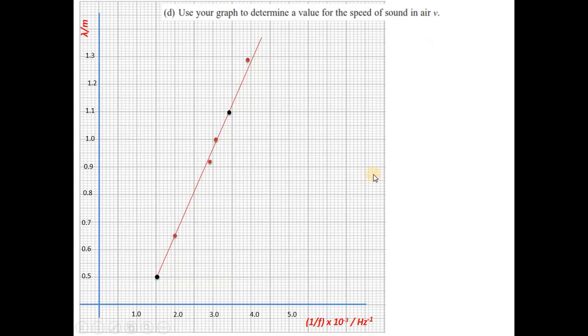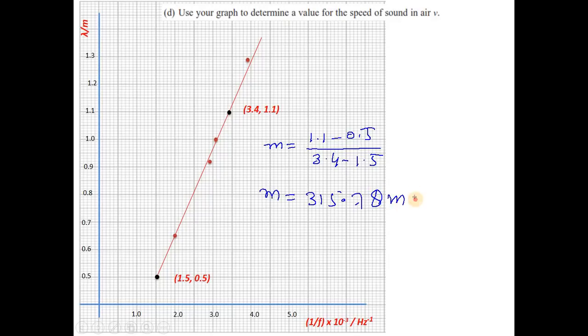From my graph, these are the values of the 2 points, and if you do your calculation, m is equal to y2 minus y1, which is 1.1 minus 0.5, divided by 3.4 minus 1.5, and if you simplify this, m is equal to 315.78 meter second inverse.